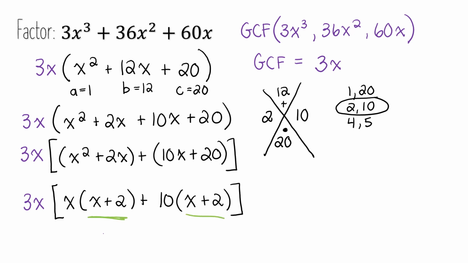Each of these groups has this x plus 2 in common, so I can factor out that x plus 2 as well. So this is equal to 3x times my x plus 2 times what's left when I factor out my x plus 2, which is my x and my plus 10.